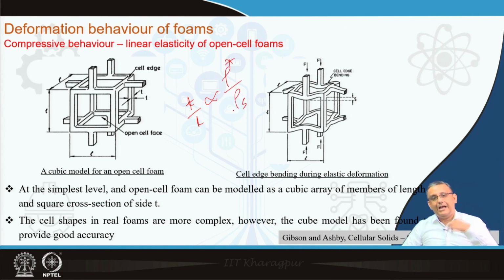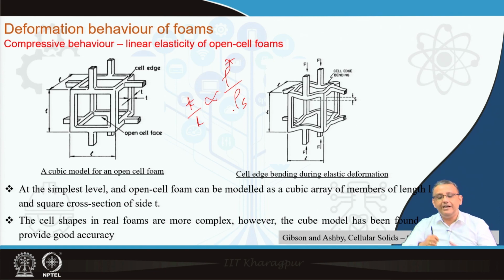That means, as we already learnt at the very beginning of this lecture, that for cellular solids one of the most important properties is the relative density of the material. According to Gibson and Ashby theory, they take care of this relative density by varying the ratio of T by L, which is the thickness of the cell edges to the length of the cell edges.